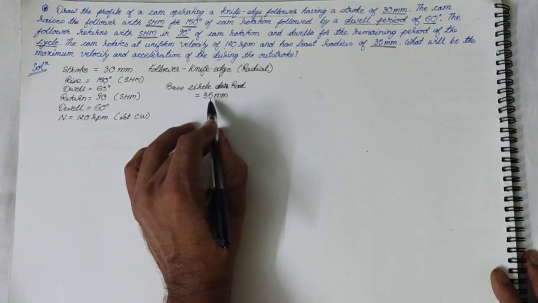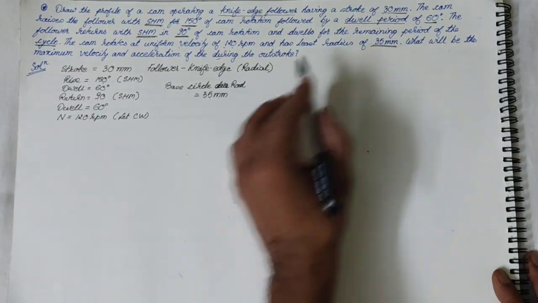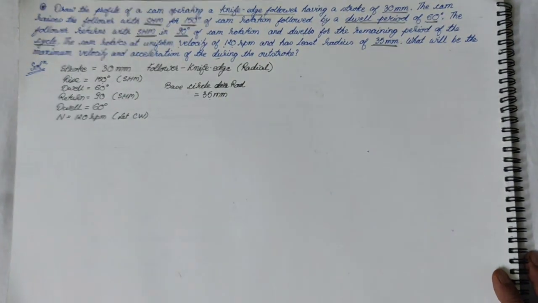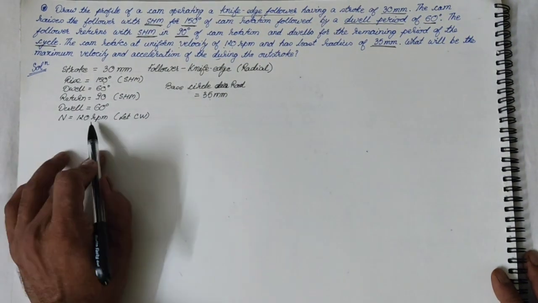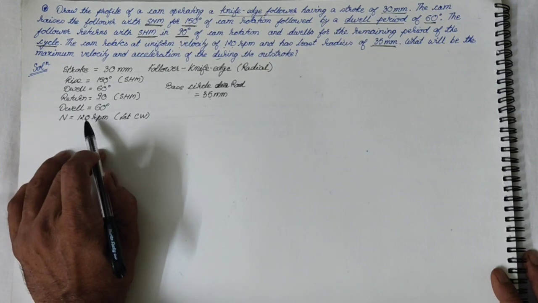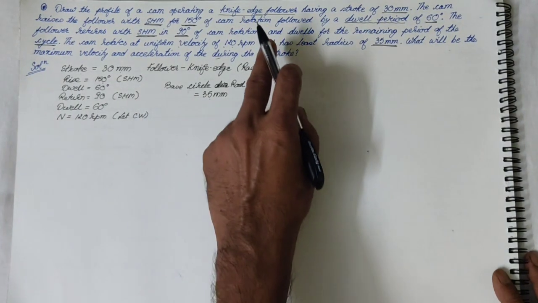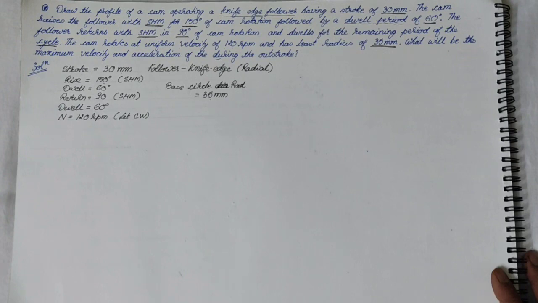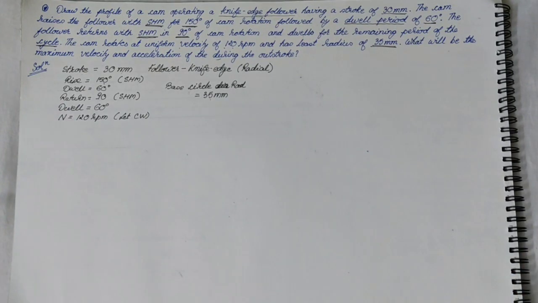As well, the base circle radius is given to us, which is 35 millimeter. The speed of the cam is provided, which is 120 RPM. When nothing is mentioned as such as the sense of rotation, we will consider the sense of rotation of the cam to be clockwise.